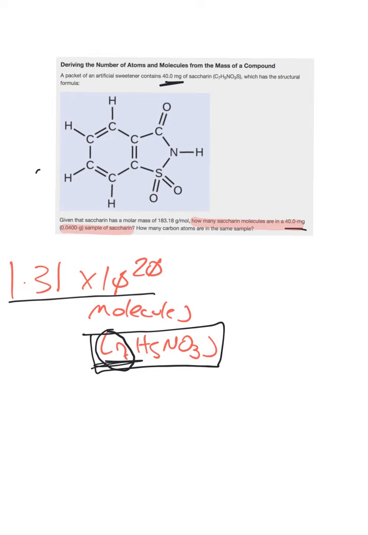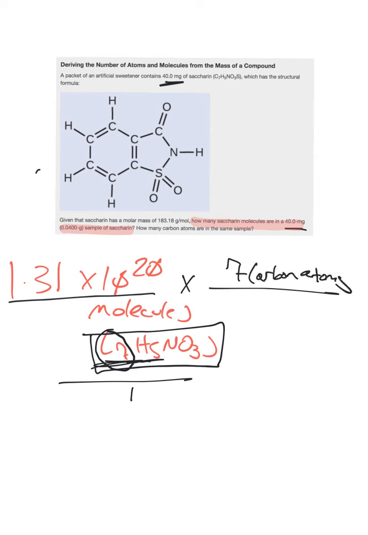You could do this with other atoms in the sample too. You could say, for every 7 carbon atoms in saccharin, I have 5 hydrogen atoms. So we create our conversion factor and we use it in our dimensional analysis. So we have molecules on the top, say it's over 1. So for every 7 carbon atoms on the top, we have 1 C7H5NO3S molecule.